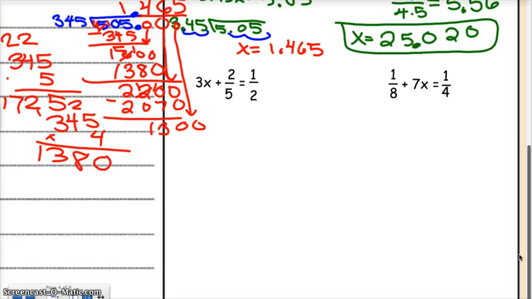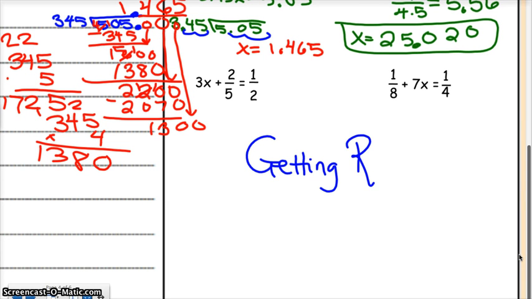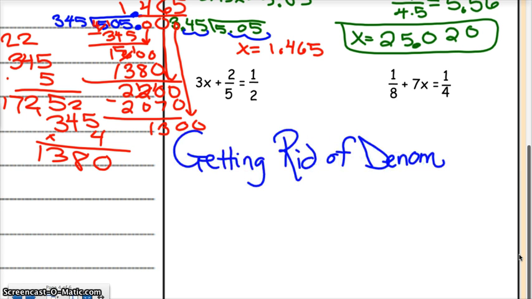Okay, maybe on the back side, write getting rid of denominators. I'm going to say denom because I write too big. Denominators. Getting rid of denominators.